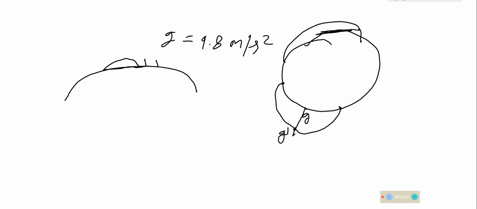Now let's talk about 1D motion, how the 1D motion comes. First let's assume this is the ground, and when an object is at rest it will fall in a straight line due to gravity G. Its initial velocity is 0 because it is at rest, and this will be free fall, and we will assume here air resistance is 0.